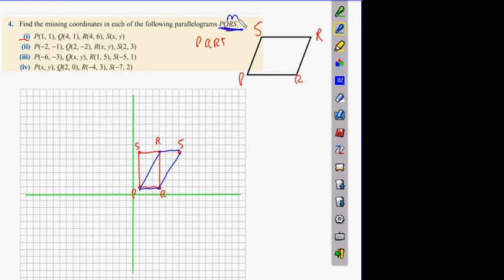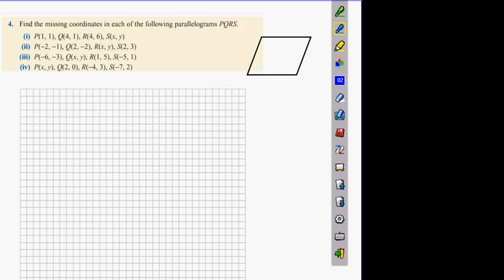Is that alright? Now that we got that done, what we're doing next, guys, is part 4. And part 4, once again, is looking something like this. This time we're missing P. We have no idea where P is. What about Q? 2, 0. R? Minus 4 and 3 up. S?